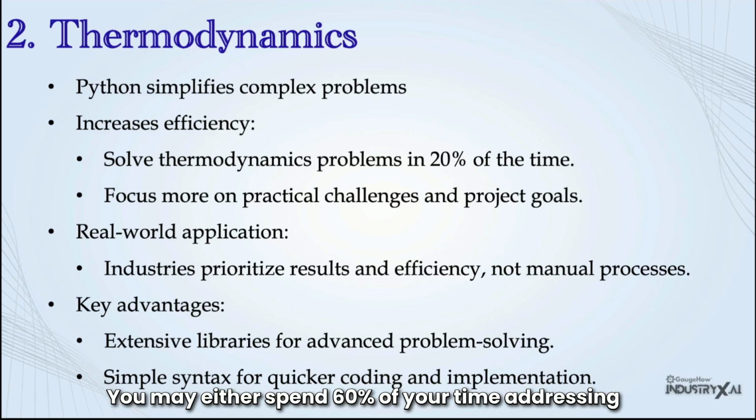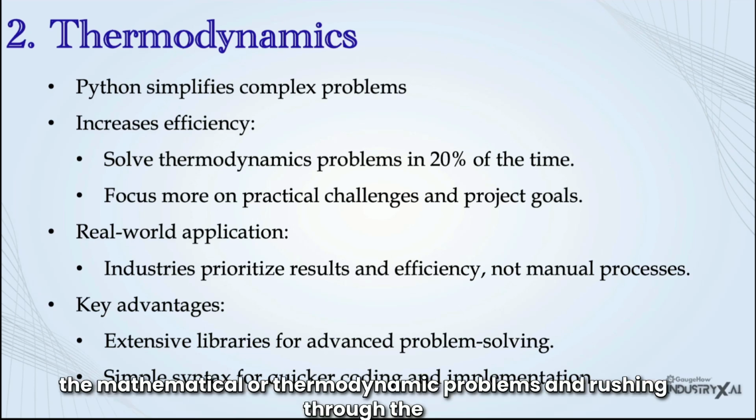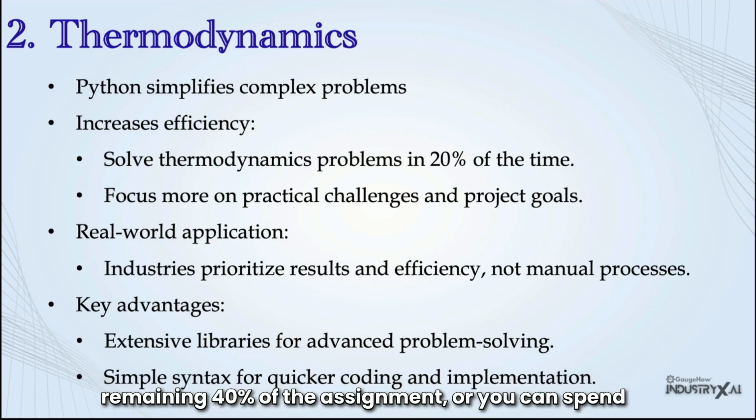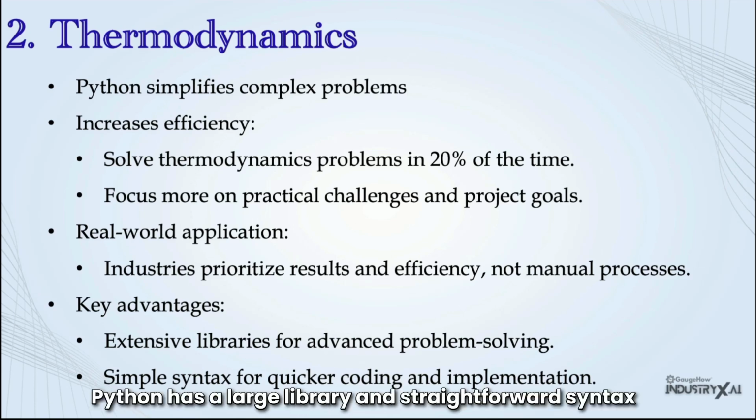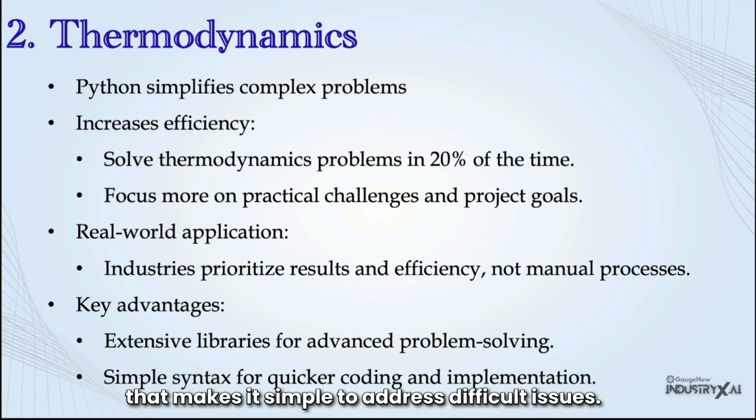You may either spend 60% of your time addressing the mathematical or thermodynamic problems and rush through the remaining 40% of the assignment, or you can spend 20% of your time tackling these problems in Python and focus on the genuine issues at the end. Your efficiency is the sole aspect of your result that matters. Python has a large library and a straightforward syntax that makes it simple to address difficult issues.